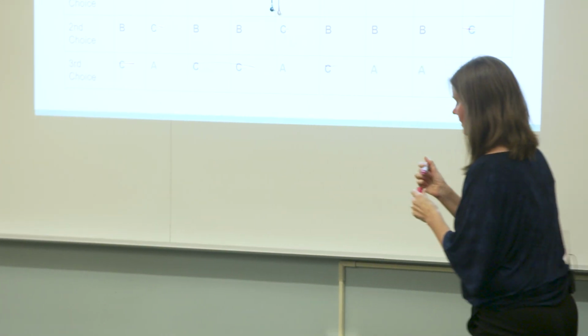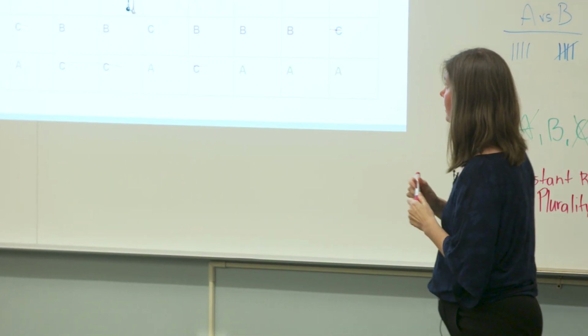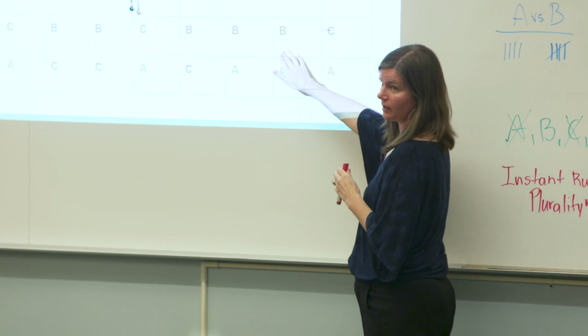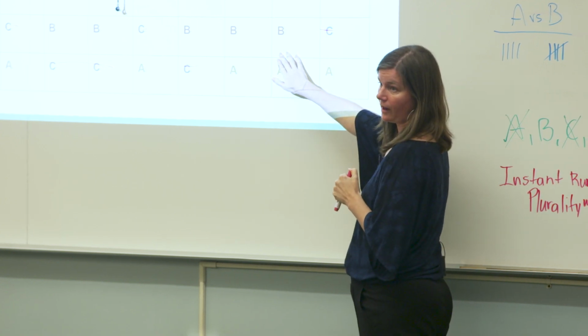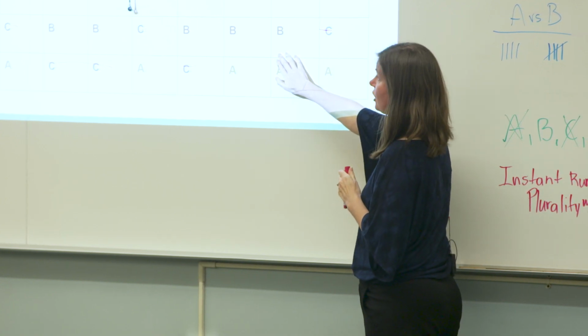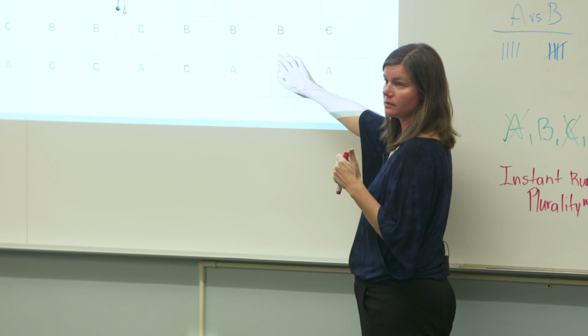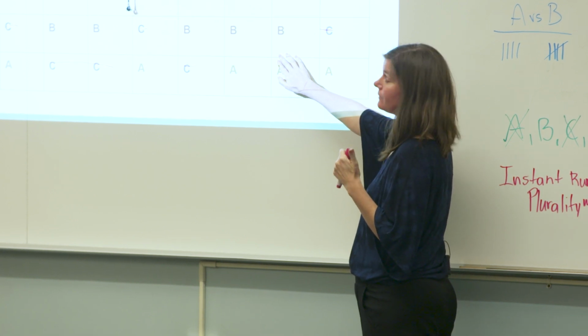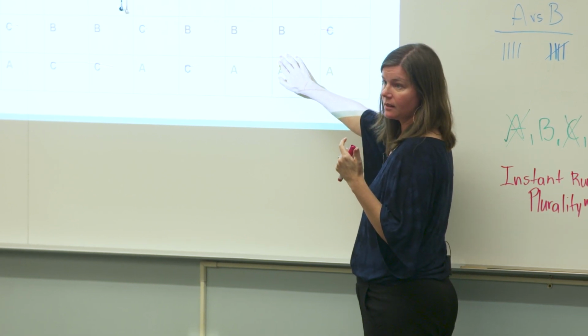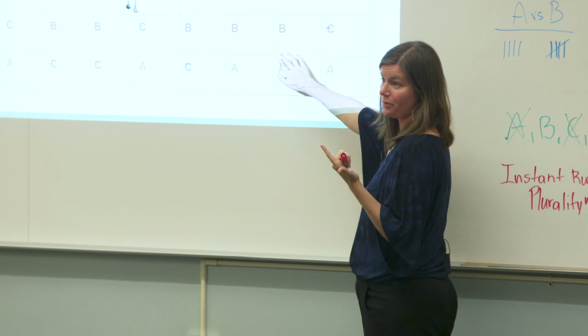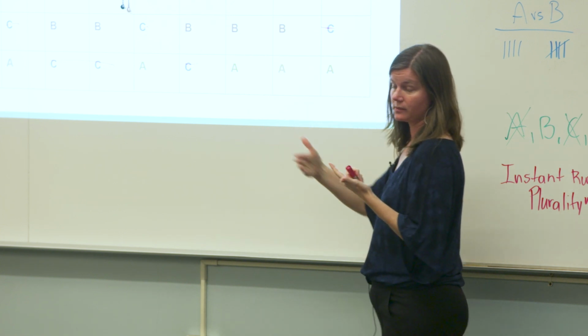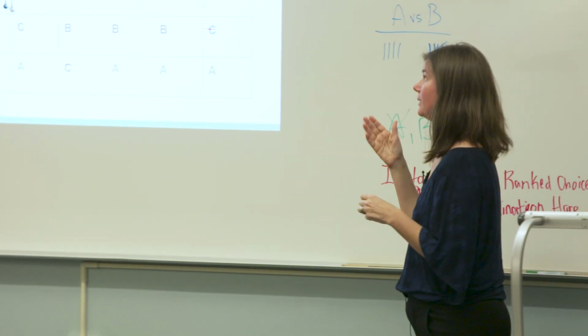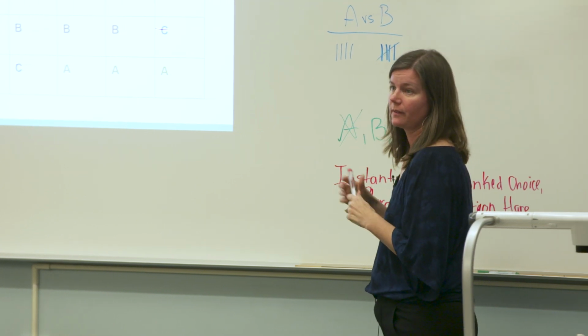And then what happens is Mark and Tim's first choice is now B, right? So A has how many first place votes? 4. B has 5. So that's a majority, right? We said as soon as you hit 5, we've hit a majority. So B would win. So we've hit this majority.